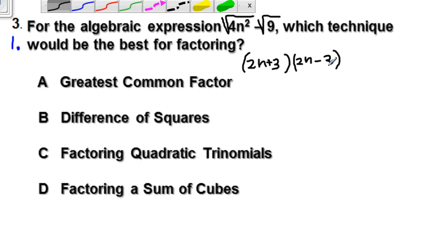So this is factoring using a difference of squares, so that would be our correct answer.